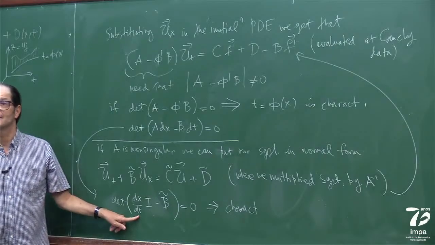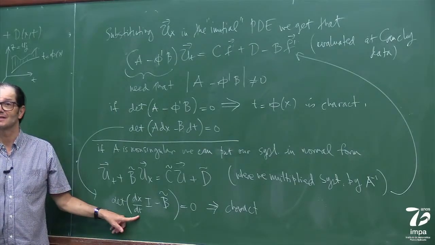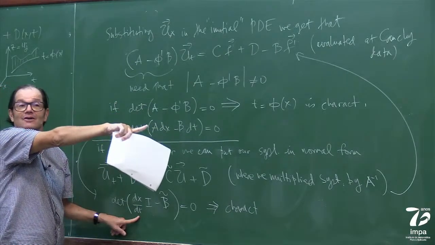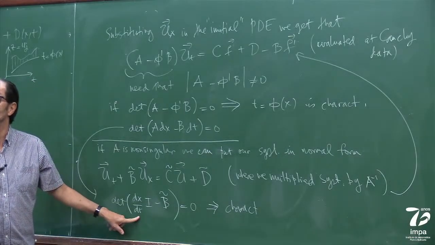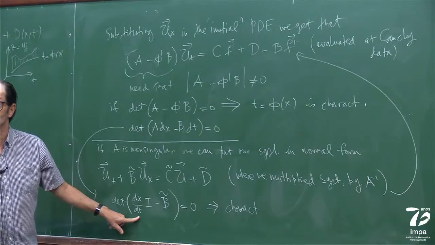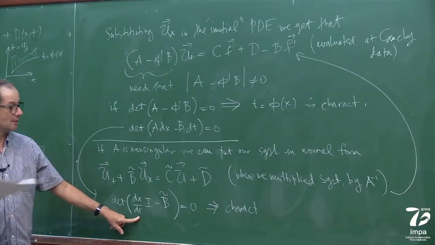And look at here. The characteristic lines are connected with the eigenvalues. The propagation speeds, you can verify what I did there. The propagation speeds are connected with the eigenvalues. The wave propagation speeds, right?